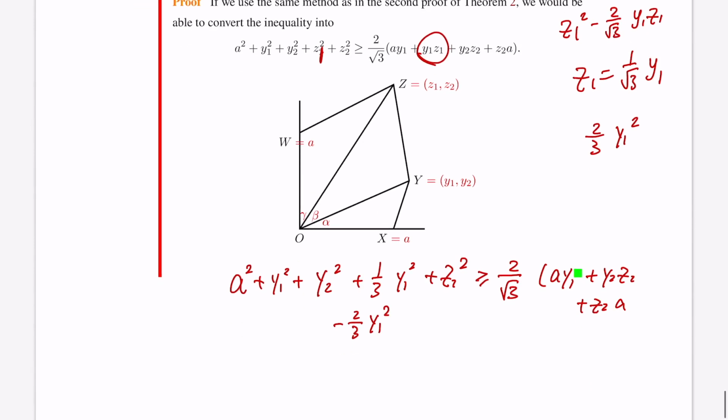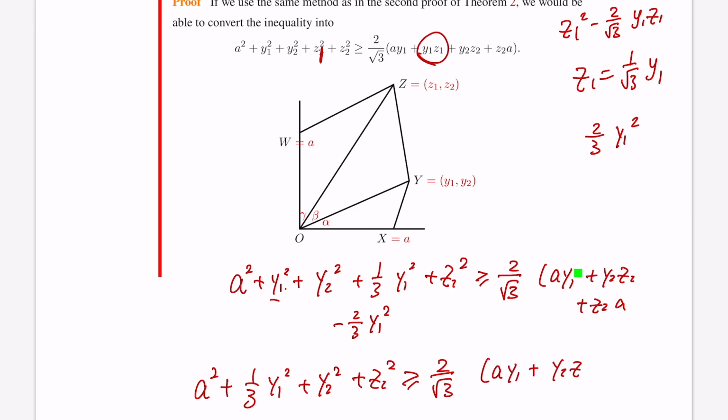And if you do the computation, this is negative, so you get a squared plus 1/3 of y1 squared plus y2 squared plus z2 squared, which is bigger than 2 over square root 3 a y1 plus y2 z2 plus z2 a.